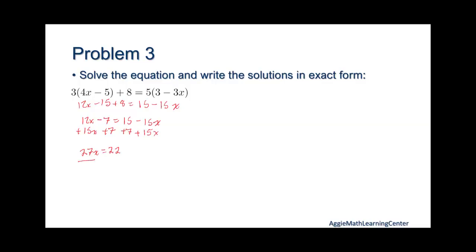Divide out the 27. And I don't believe it can be simplified past that. Yes, I agree. And we are correct.